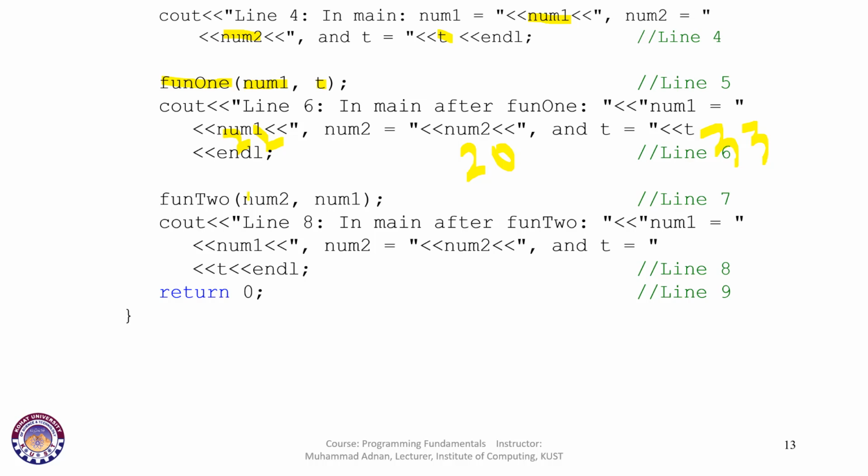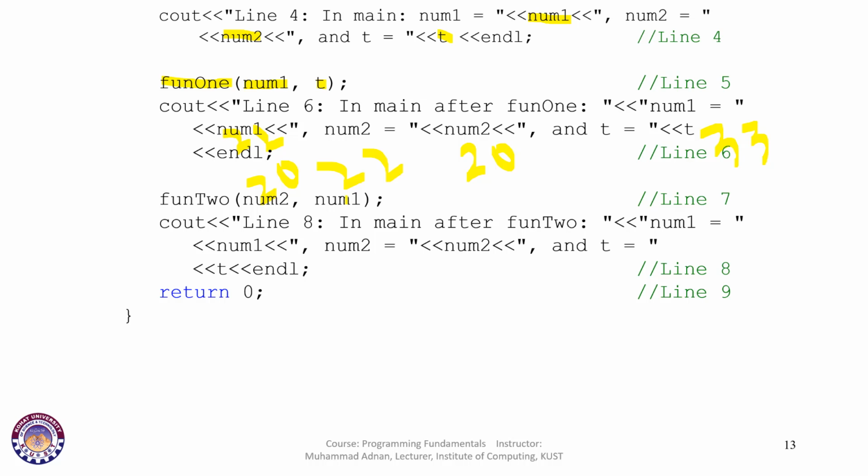So num2 will get its address passed, whereas a copy of num1 which is 22. So num2 is 20 here and num1 is 22. So we passed the address of num2 and a copy of the num1 which is 22.